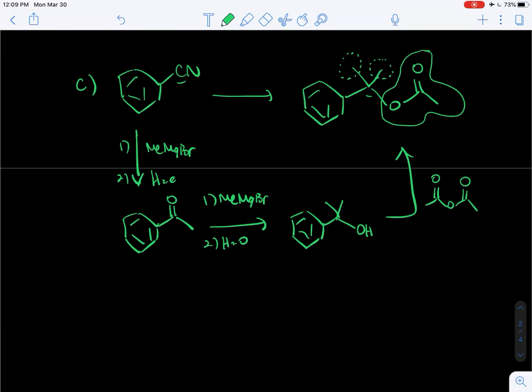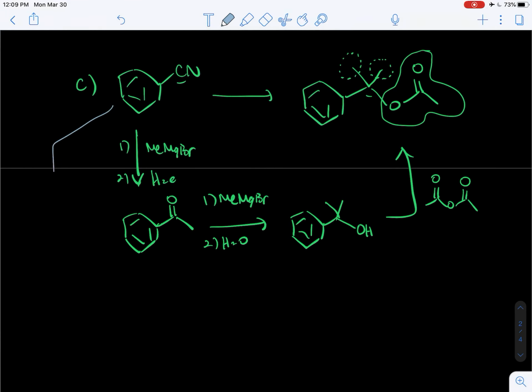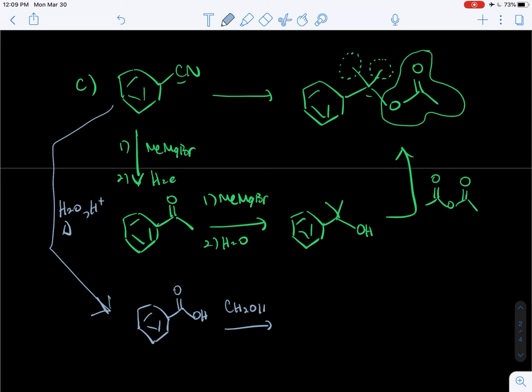Now, another way we could do this is more lengthy, but we could add water, acid, and heat to make this the carboxylic acid. We could convert this to the methyl ester using methanol and acid.